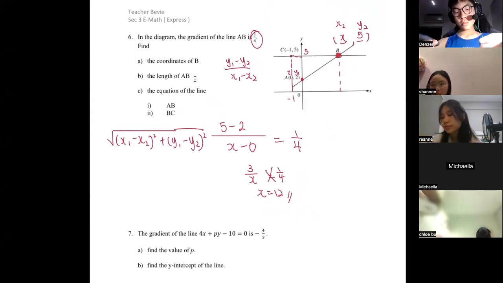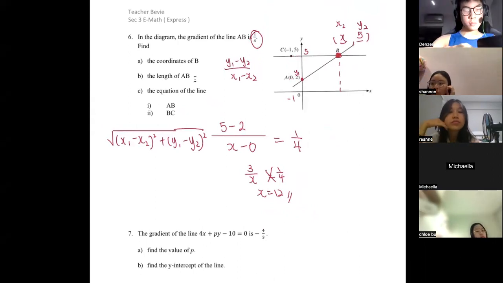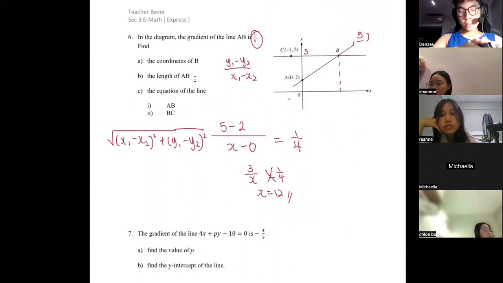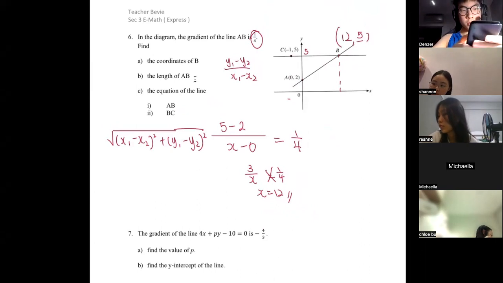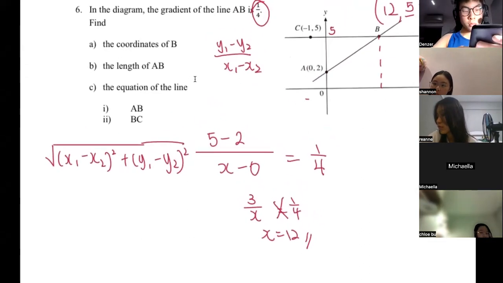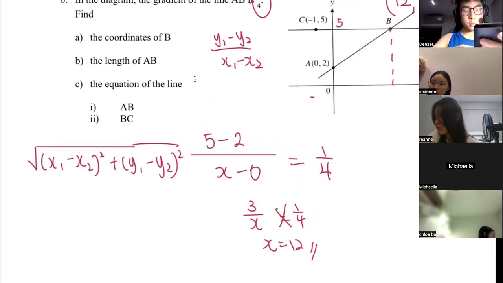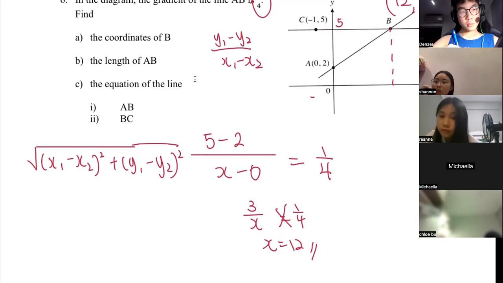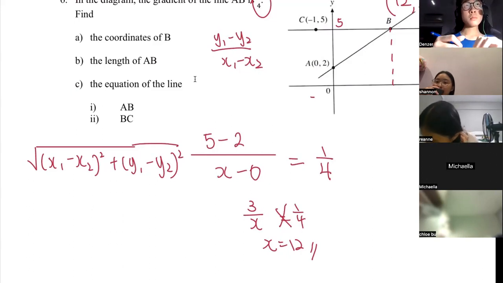I've already found the coordinates of A and B, isn't it? Which is 12,5 for A. So obviously, if your part 1 is wrong, your part 2 is also wrong. Come on. I see Denzel pressing calculator already. Y'all can give it to me in decimals. Units are in units, no cm, no meters, no kilometers.